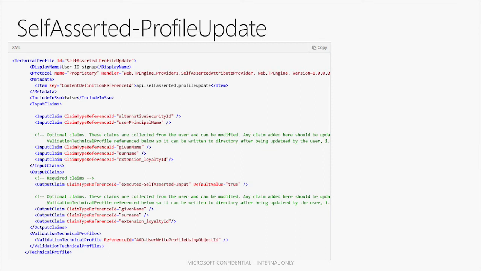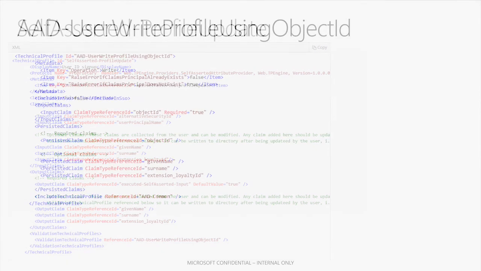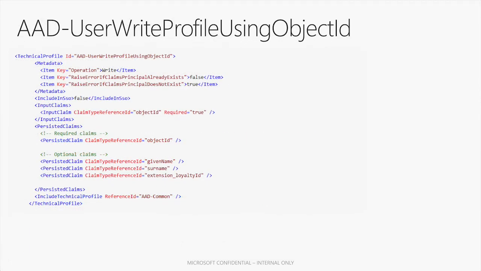Attempting to write in the directory itself acts as a strong enough validation that we ended up doing that as a validation technical profile. So I don't think we ever do a user read. The only validation technical profiles in the starter pack will be user write, and then the password check that we do using non-interactive login directly to login.microsoftonline.com. Any other questions before I move to some more confusing slides?